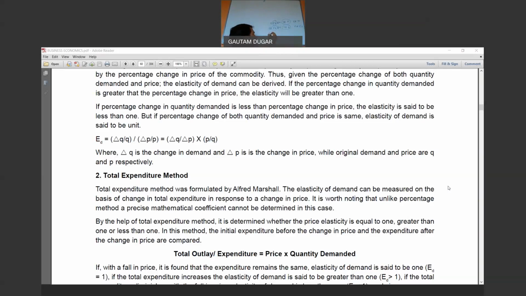The third, if price is reduced, quantity is increased, and the total expenditure is constant, it does not change. If it is constant, then we say that elasticity of demand is equal to 1. Just 3 things you need to remember. What is total expenditure? Obviously, it is price into quantity.